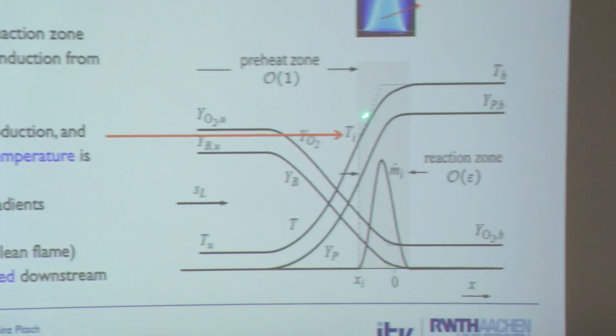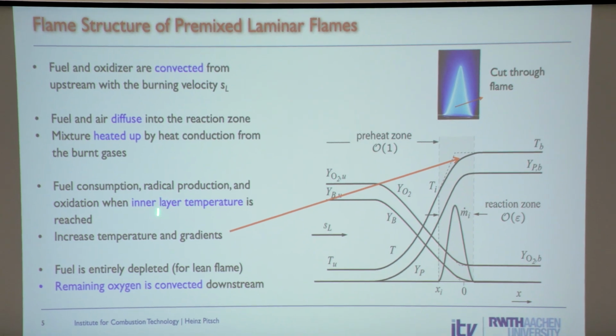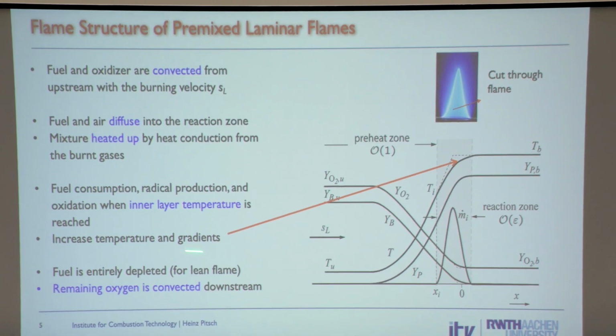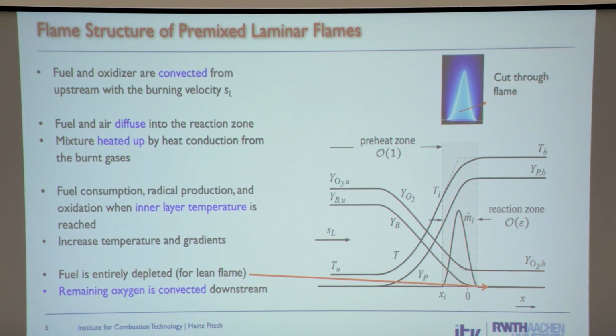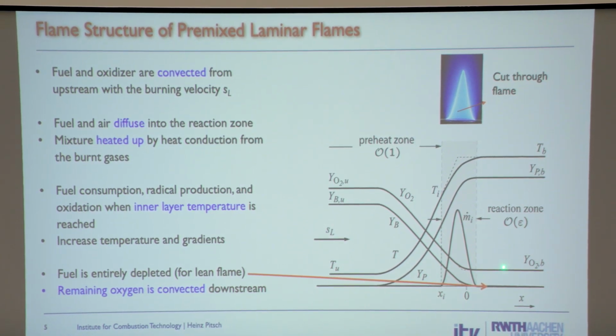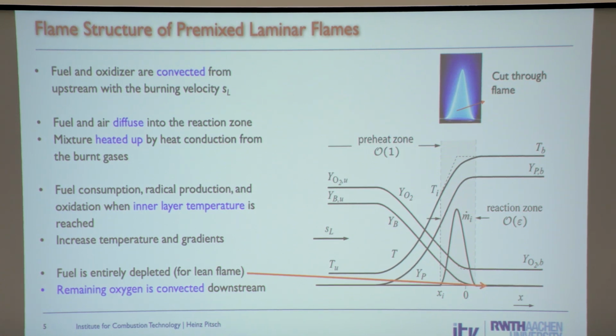So at ignition temperature, I consume the fuel, which keeps the gradients always up and also keeps the temperature up. And then in the burnt region, for a lean flame, the fuel is completely consumed, and the remaining oxygen is left over, okay? And so this is how this works.